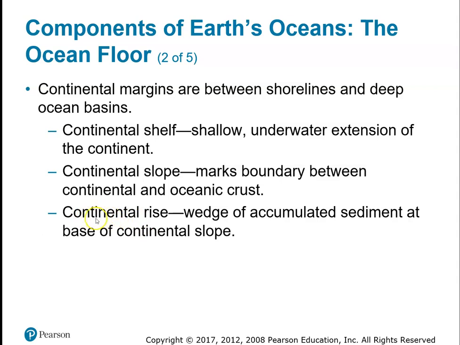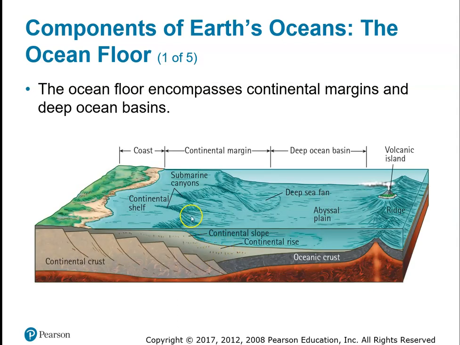But right before you get to the ocean basins, we see what is called the continental rise, which is accumulated sediments that fall down the slope. This is dead marine life that builds up there. So there's lots of calcium carbonate, like shells and things, and even bones of fish that accumulate there.